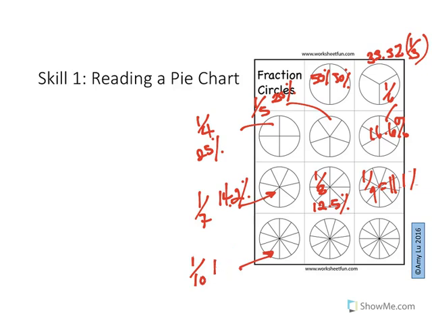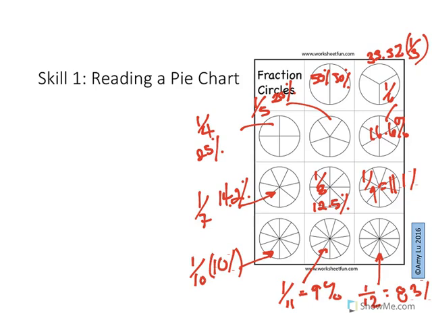So let me write that more clearly. These are 11ths, where each piece represents 9%. And finally, this is 12ths, where each piece represents 8.3%. Now, you don't need to memorize the percentage, but it helps.